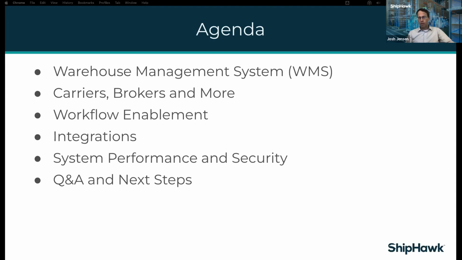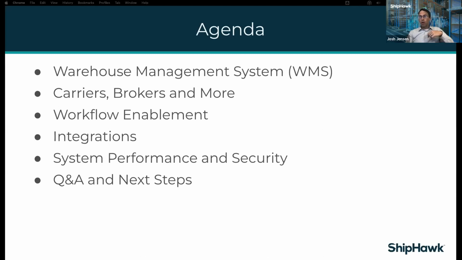We're going to be going through some of these today. So if you see something and you have a question, hey, I haven't seen that yet in ShipHawk, it may be coming out tomorrow. Some of these features we'll talk about, we've implemented them and we're going to be rolling them out to groups of customers over the next couple of weeks and months. So you may see them immediately and you may see them later on.